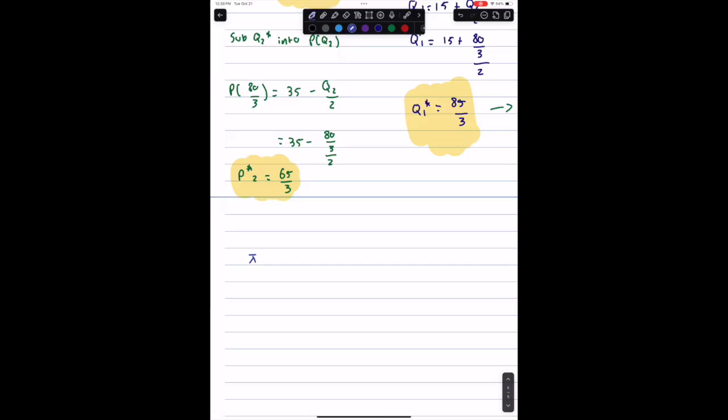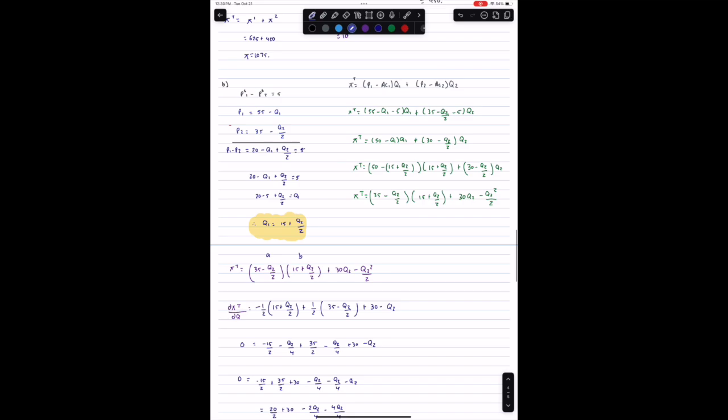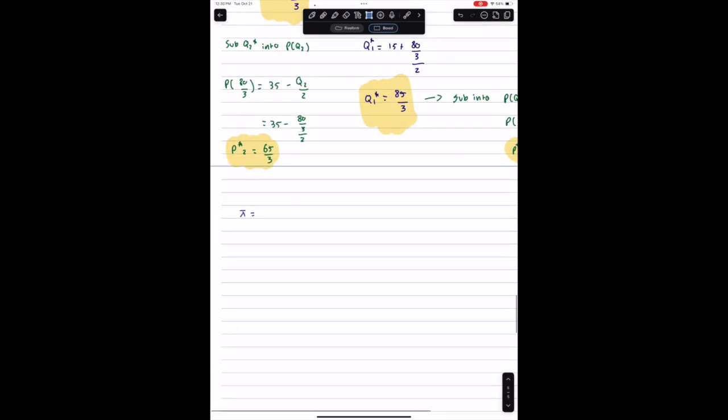Now we're going to find profit. Profit is going to be equal to, well, we kind of already wrote it here, right? It's P1 minus AC1 times Q1 plus P2 minus AC2 times Q2. Let me actually just copy this down here. We have the equilibrium level of all of these variables, so we can just sub it in.